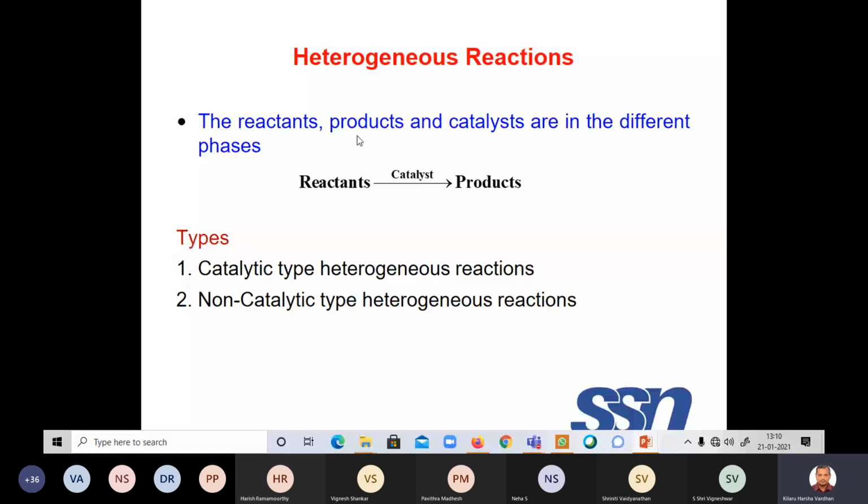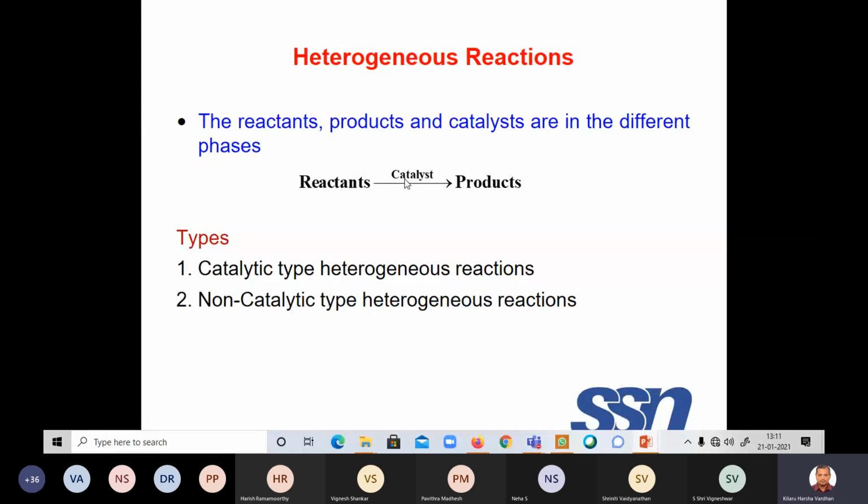The reactant, the products and the catalyst are in different phases, right? So if the reactant is a liquid, the product is a liquid, and your catalyst is a solid, again you call it a heterogeneous reaction. The reactant can be gas, the product can be a liquid, but the catalyst can be a solid.